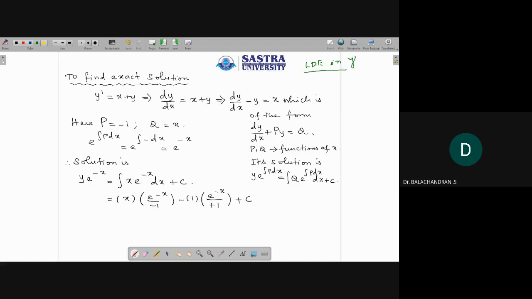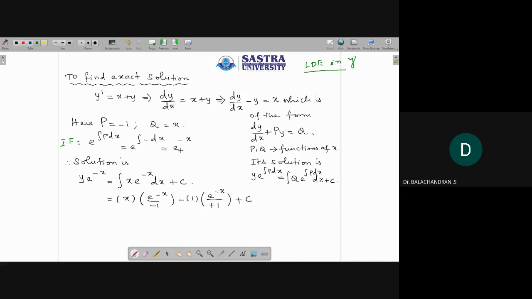As you studied in the second semester, this is of the form dy by dx plus py equals q. Here p is minus 1, q is x, and the integrating factor is e power integral of p dx. p is minus 1, so e power integration of minus dx, which is minus x.